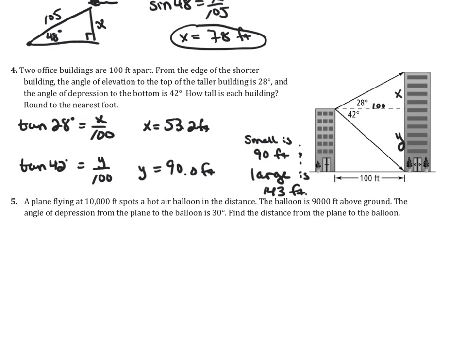Okay, last example. We have a plane flying at 10,000 feet, and it spots a hot air balloon in the distance. The balloon is 9,000 feet above the ground. So here's our plane, and it sees a balloon.